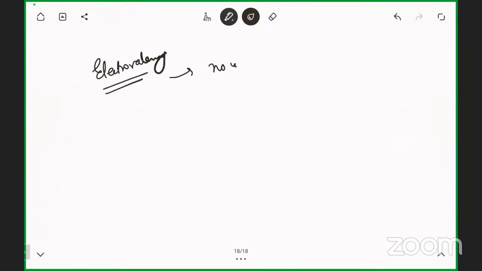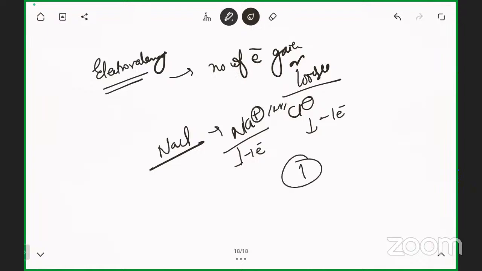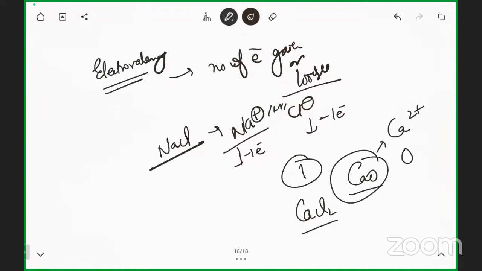Okay, what is electrovalency? Electrovalency is the number of electrons gained or lost. For example, the NaCl molecule, Na positive and Cl negative, attracted by the electrostatic force of attraction. If Na positive donates 1 electron and Cl accepts 1 electron, the electrovalency is 1. For CaO, calcium donates 2 electrons and oxygen takes 2 electrons, so the electrovalency is 2.